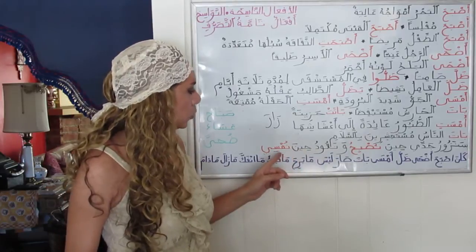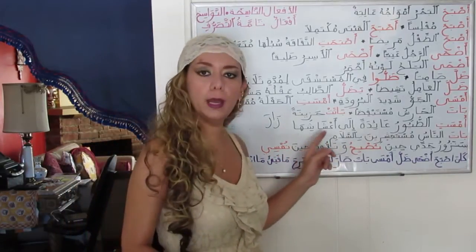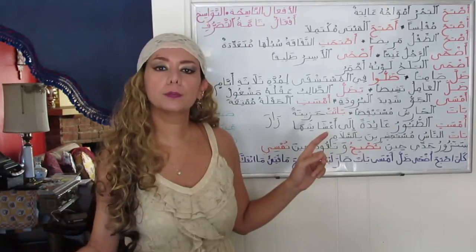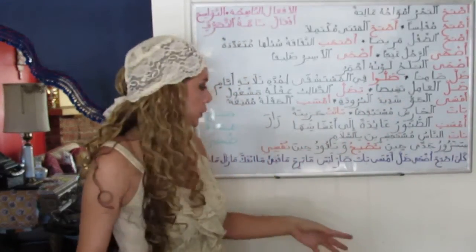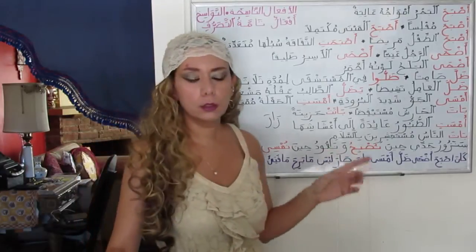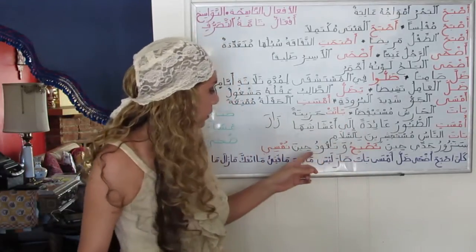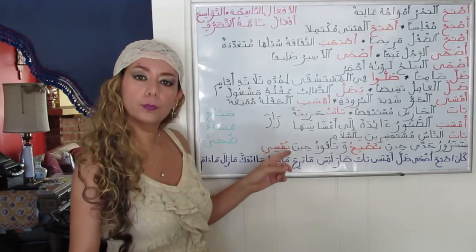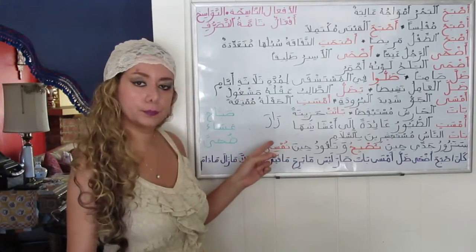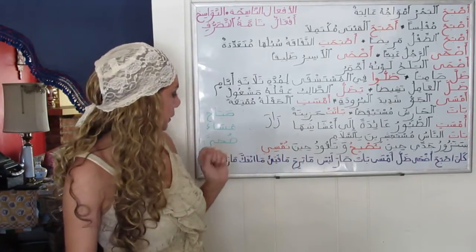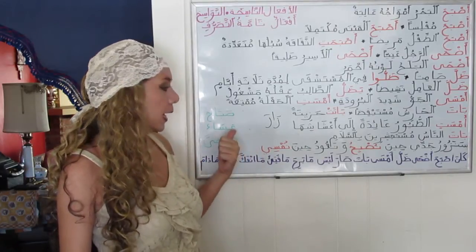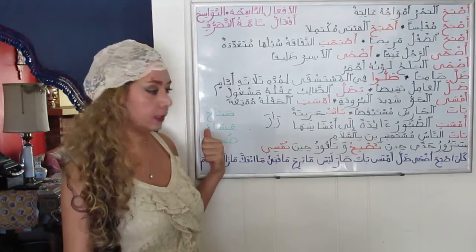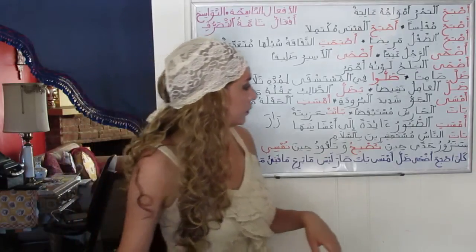ونعود حين نمسي. So here we have the returning action or going back action. So, and we go back in the evening. نمسي, evening. Alright? From the noun مساء, evening. Okay. مساء.